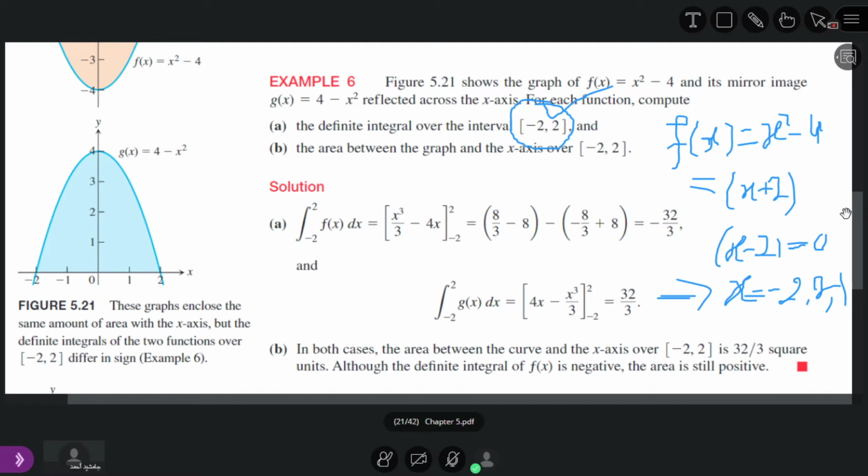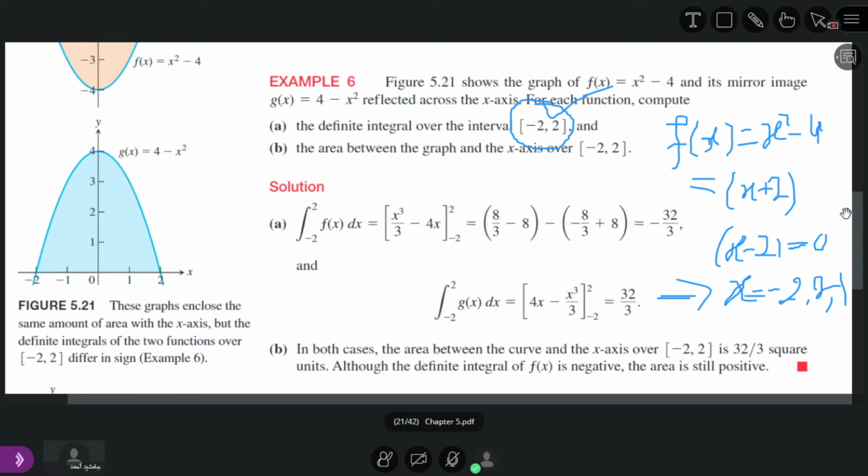But if we have one more point, suppose here we have minus 2, 1 and 2, then we divide the given interval minus 2 to 2 into two sub intervals. One is from minus 2 to 1 and the second is from 1 to 2.